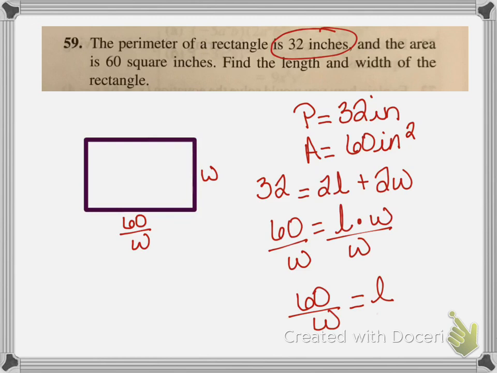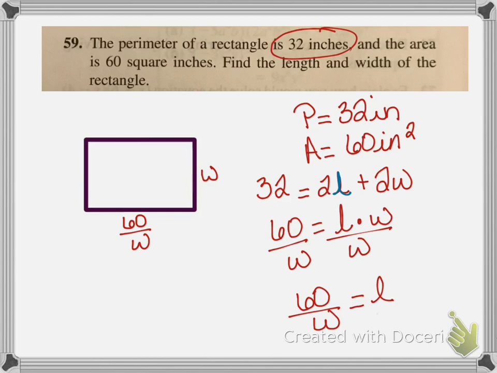Yeah, I absolutely can. So now I am going to take this length and plug it in right here. So I've got that my length is 60 over W. So I'm going to take out this L right here and put in 60 over W.